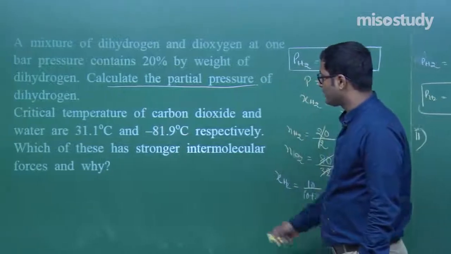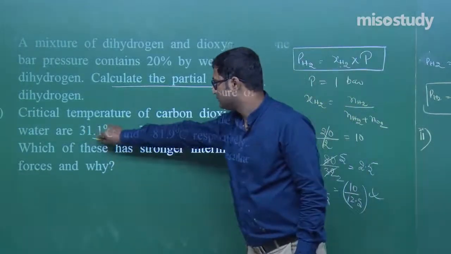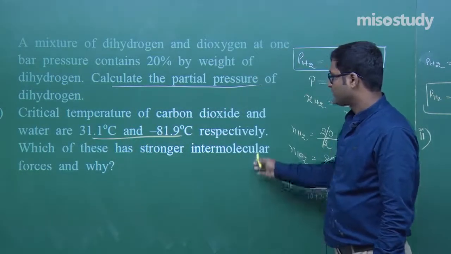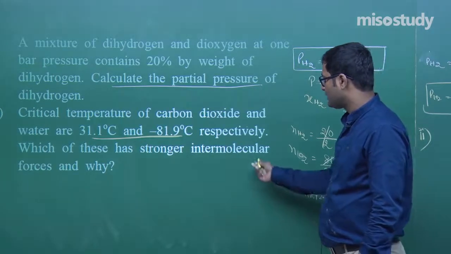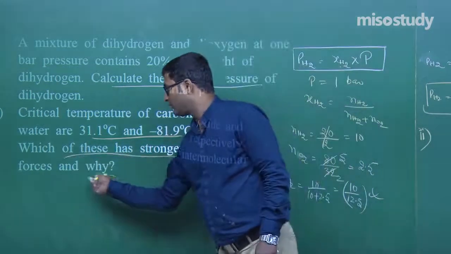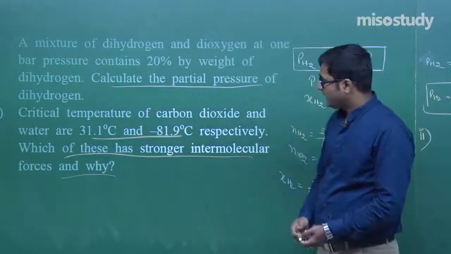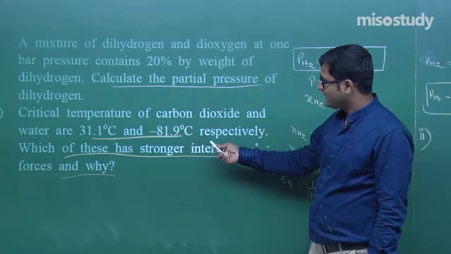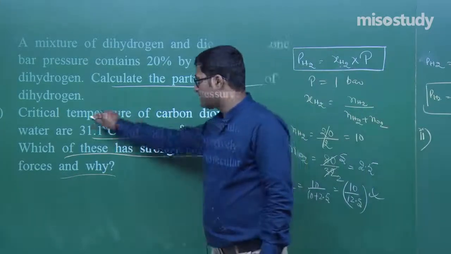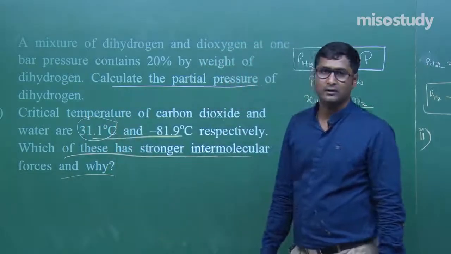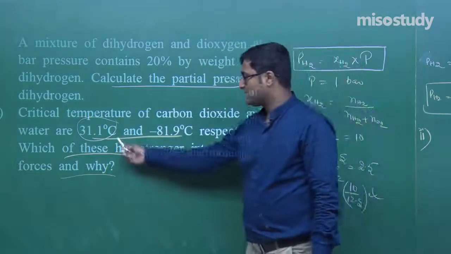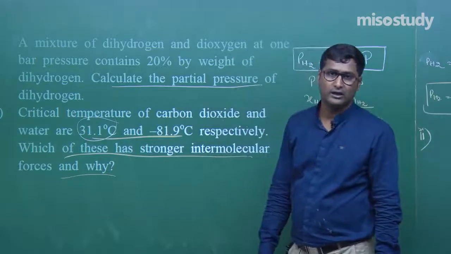Critical temperatures of carbon dioxide and water are given respectively. Which of these has stronger intermolecular forces and why? This is a very simple question. As I see here, carbon dioxide has critical temperature 31.1. As we know, the higher the critical temperature, the easier the liquefaction.